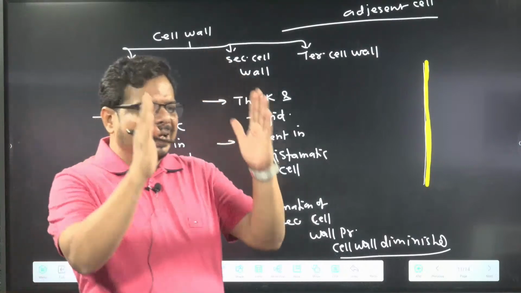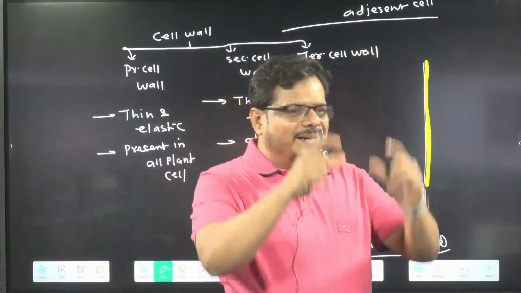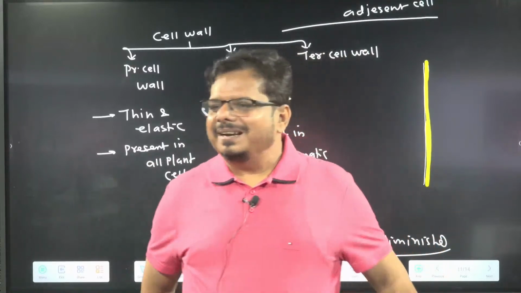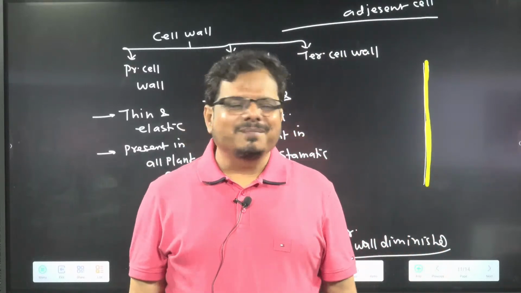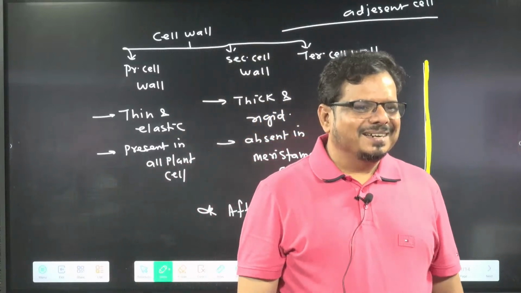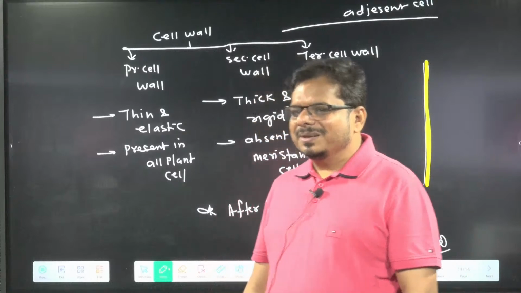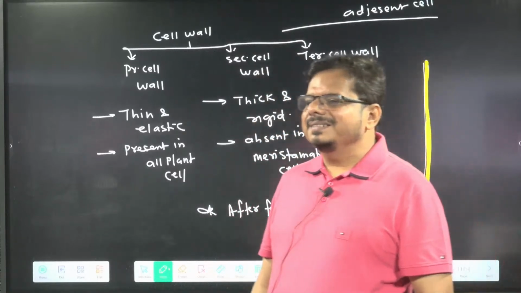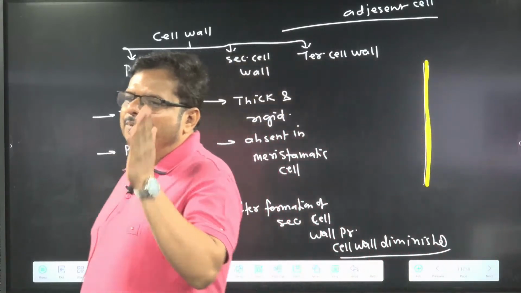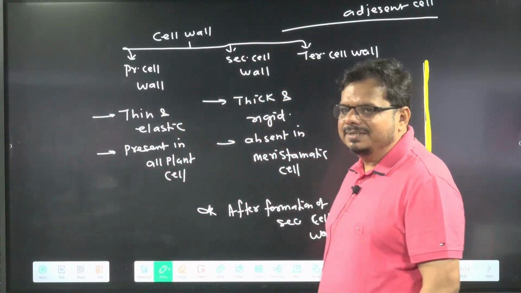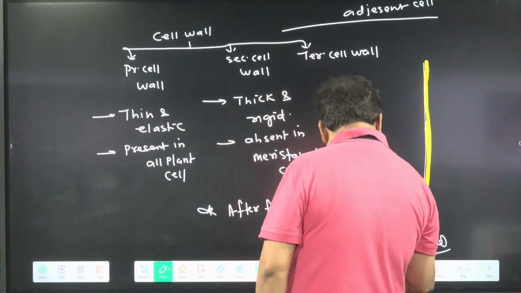So when a thicker layer comes near, the thinner layer gets diminished. That is written in NCERT, and many times students struggle to get it. So what is the meaning of this, sir? Meaning came or not? Not clearly visible, na? And that is the reason NCERT wrote that when the secondary cell wall forms, the primary cell wall gets diminished. Understanding the idea? Clarity came or not?